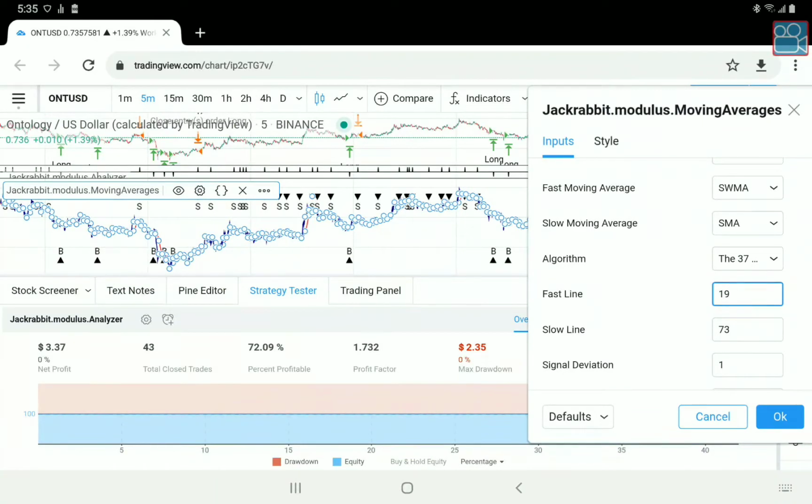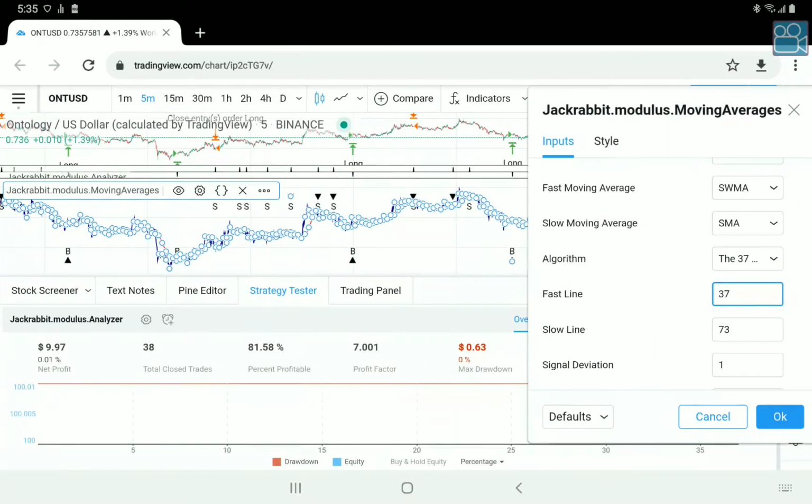And it looks like, oops, not what we want. It looks like 37 is a high number. $9.97. Okay, more trades, less profit.